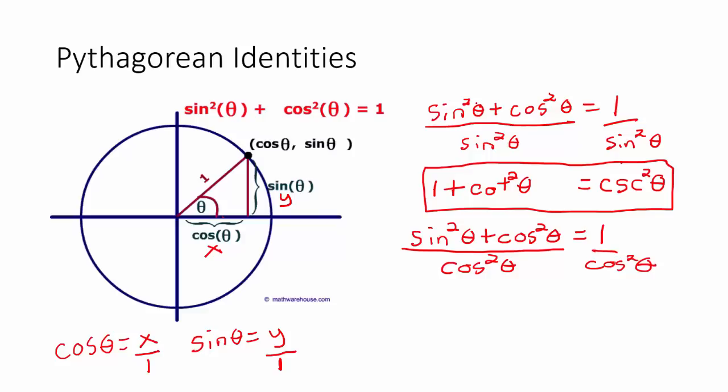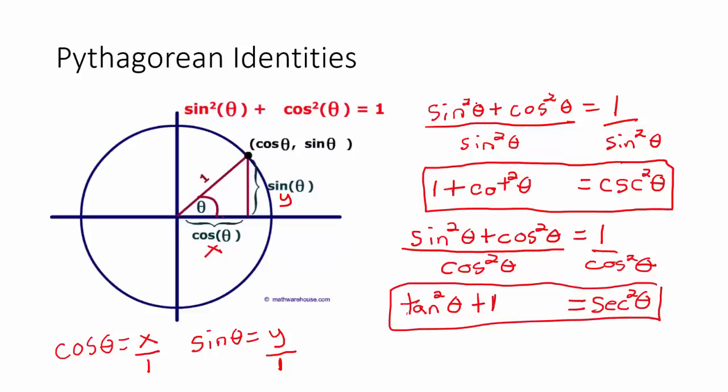If I distribute the cosine squared theta over the addition, I get sine squared theta over cosine squared theta, that's tangent squared of theta, plus cosine squared theta over cosine squared theta is 1, and that equals 1 over cosine squared theta, which is the secant squared of theta. So I've created my third Pythagorean identity.